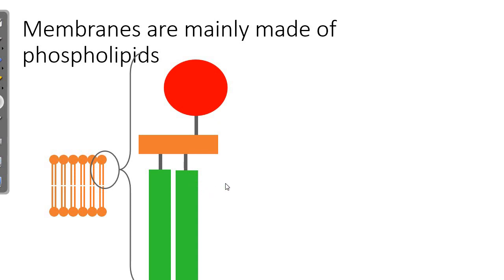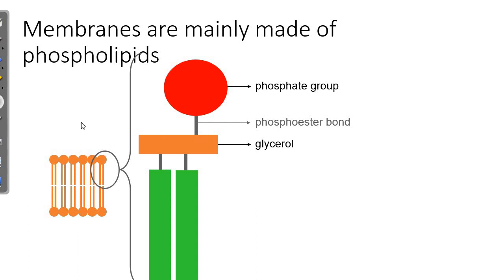What all these parts are: this is the phosphate group, the red one. Next we have the phosphoester bond, then glycerol. So basically glycerol and phosphate groups are bonded with the phosphoester bond.